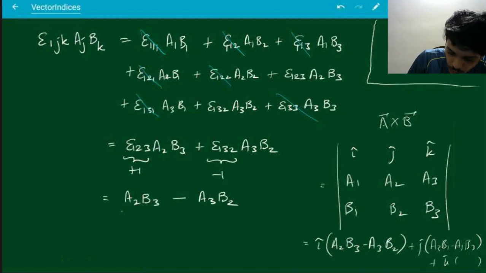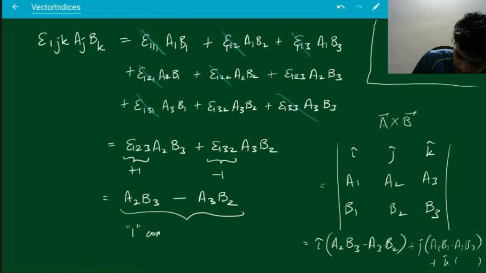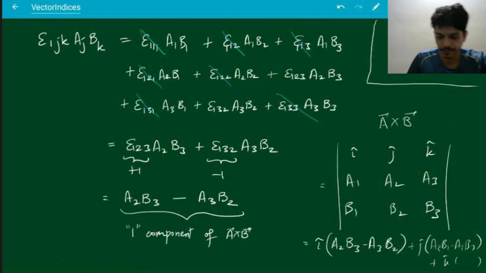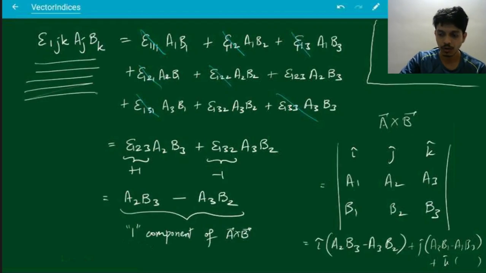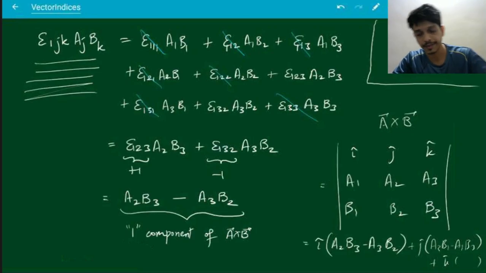So what we have got over here is just the x component, or rather the one component, of A cross B. So this is actually the definition of cross product using this index notation.